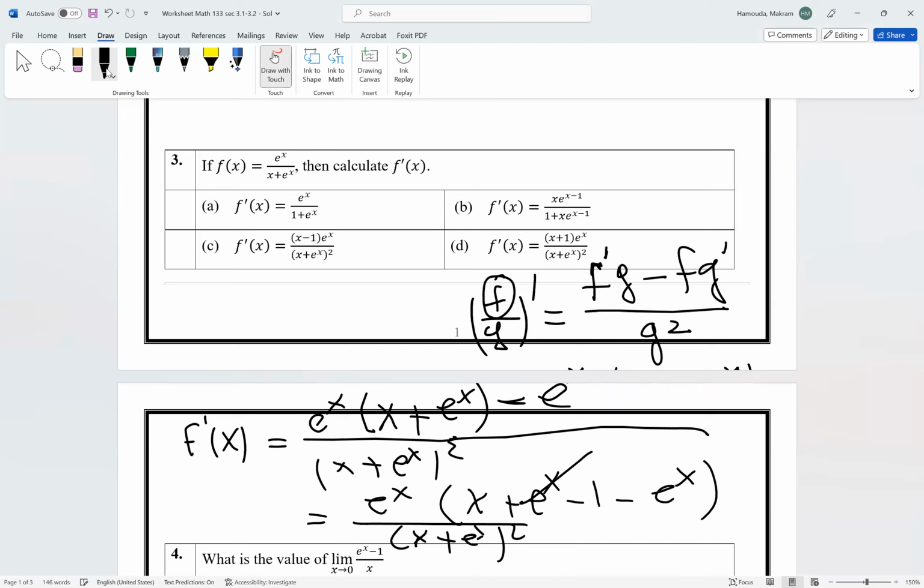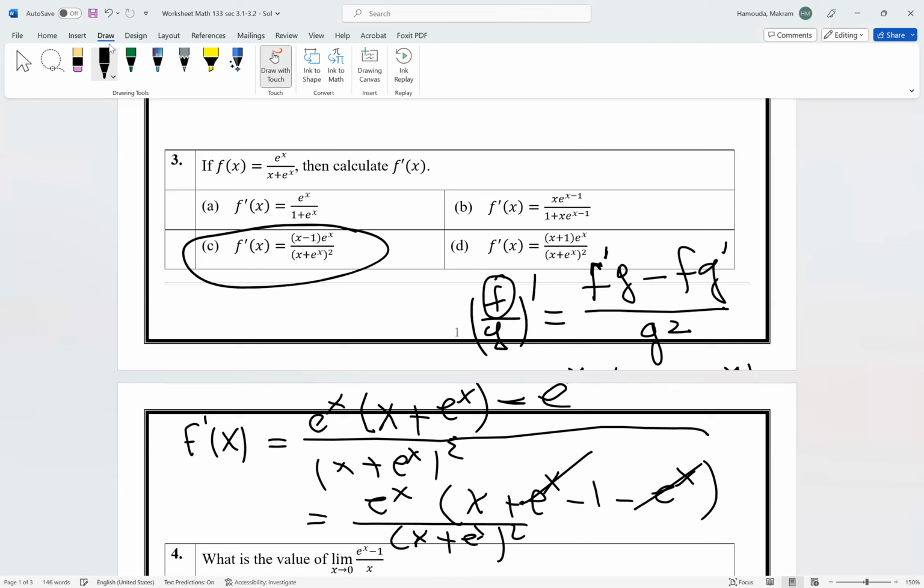When we simplify e^x minus e^x, clearly I will have (x minus 1) times e^x over the denominator squared. So the answer is C again here for f prime.